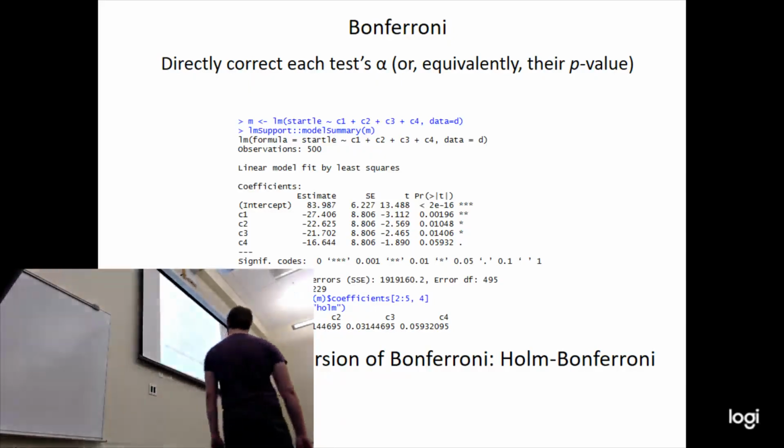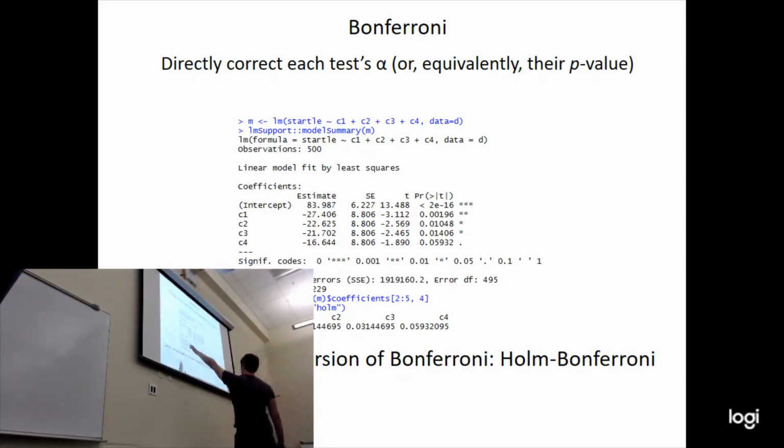Here's how you do it. You just need some number of p-values. I'm showing you here how to extract p-values from a model object that you create using lm. I could have instead said c(p-value 1, p-value 2, p-value 3), whatever the numbers are.